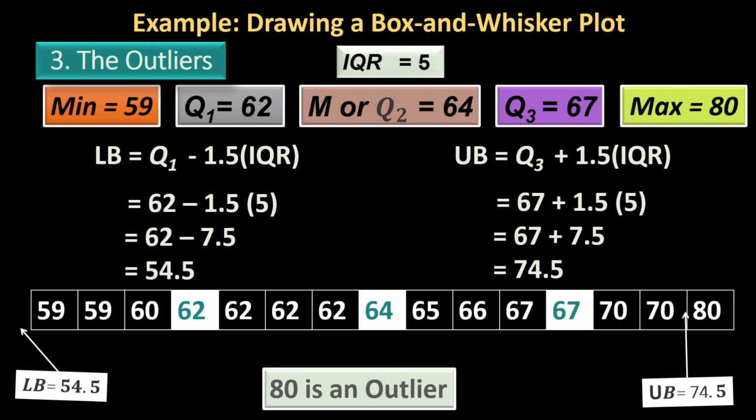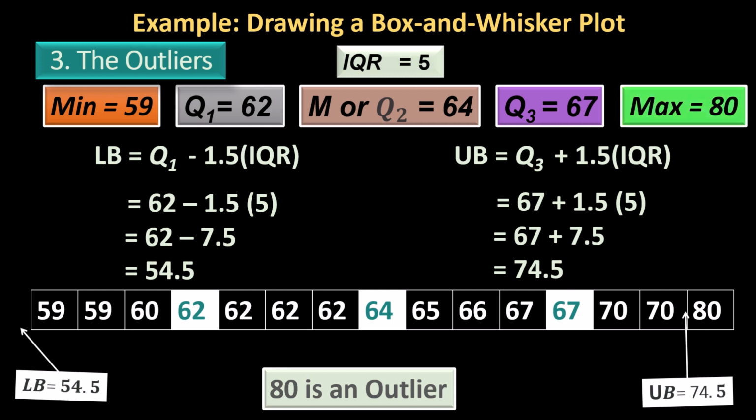Therefore, 80 is an outlier. Now we understand there is an outlier on the right side, that means the upper side. You see the maximum was 80 before we found the outlier. Now we understand there is one outlier.